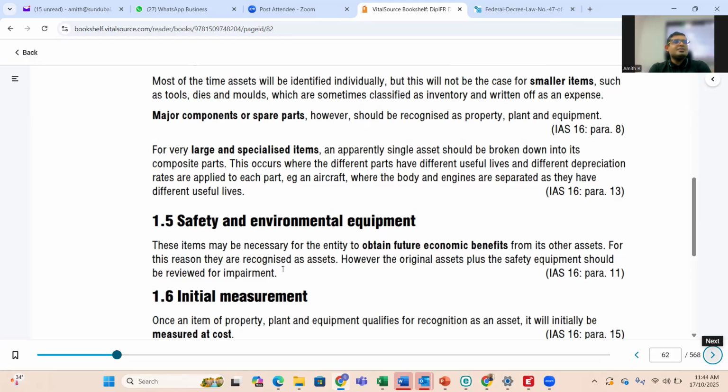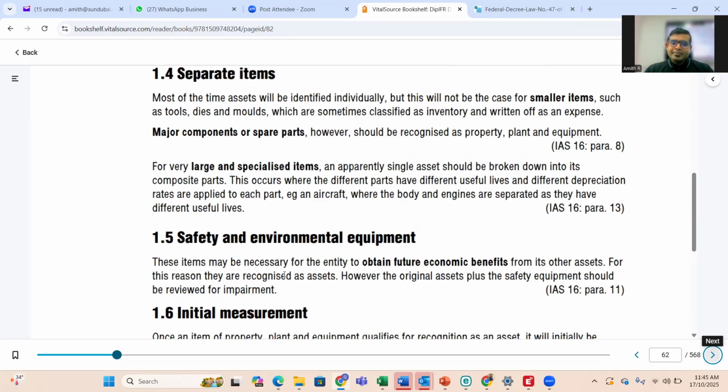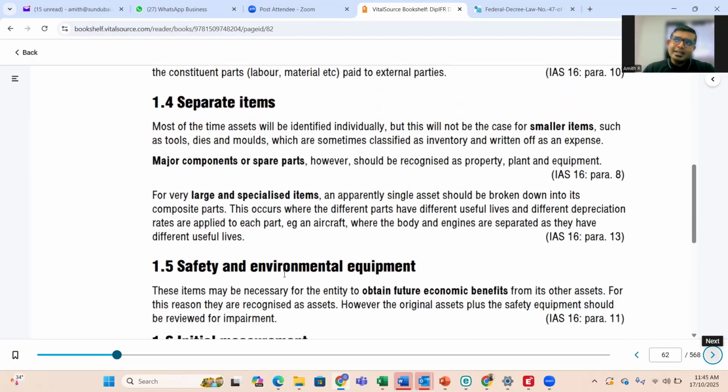Sometimes the equipment itself would have a safety, right? So they're asking whether that can also be capitalized. That's just kept in case of any damage. What it's saying is that equipment may be capitalized because if this goes down, it is the only one who can help us attain the full economic benefits which we accounted for. Okay. So that is recognition.